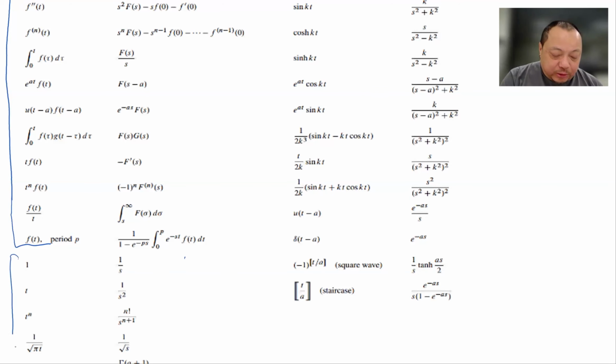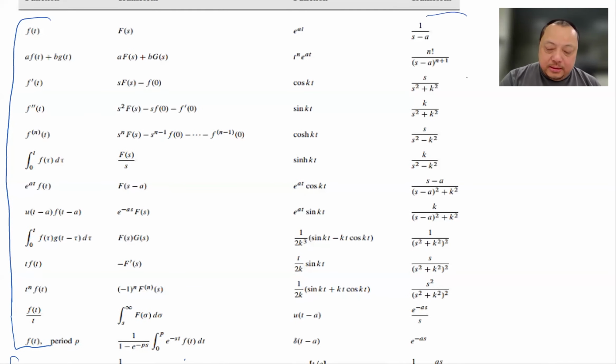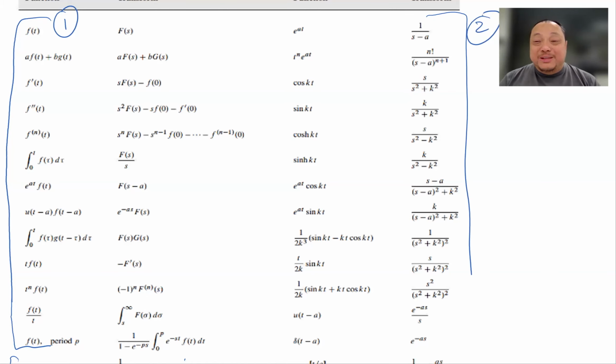And then the second part, given a function in t, what is its Laplace transform as a function of s? So all that is part of the second part. The first part is properties of Laplace transform. Second part, Laplace transform of specific functions.